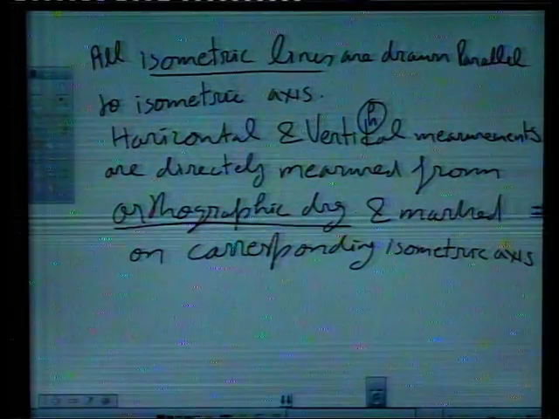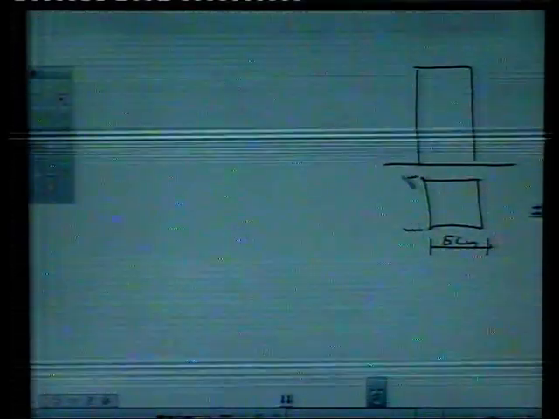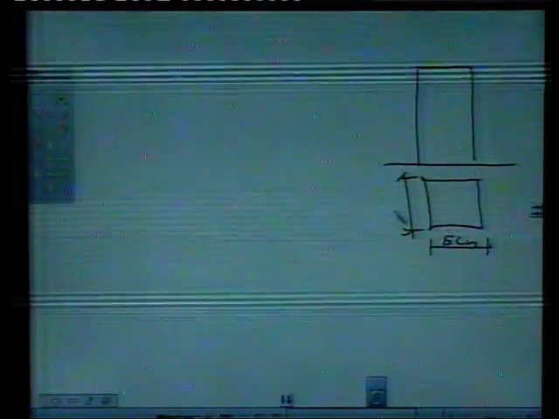This point will be clear to you with this example. Say we need to draw isometric of a cuboid. Say this is a cuboid, this is 5 centimeter, this is also 5 centimeter, and height of the cuboid is say 10 centimeter.